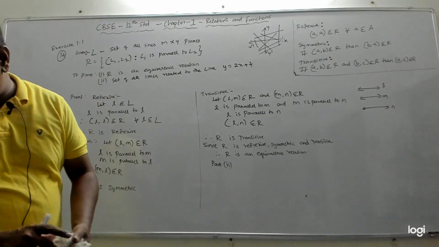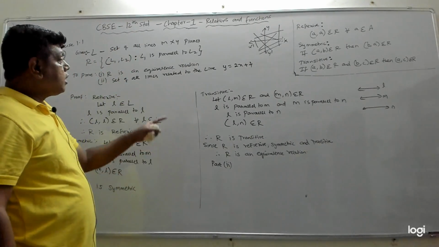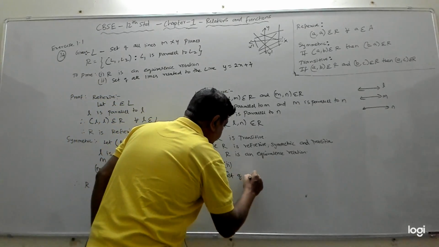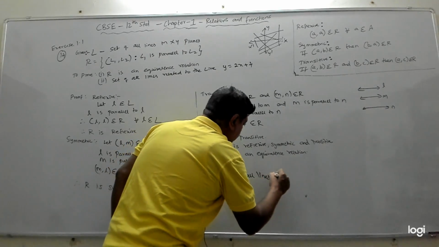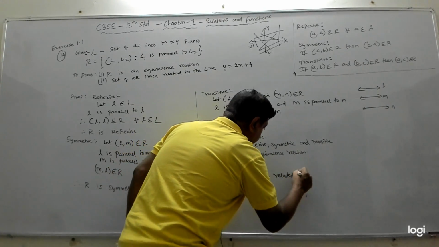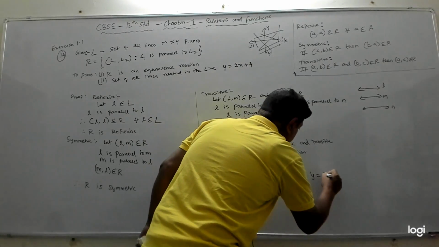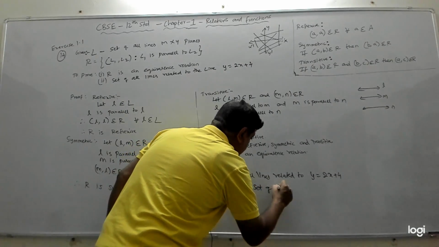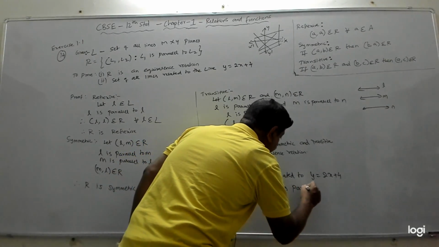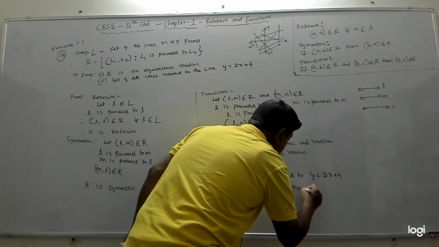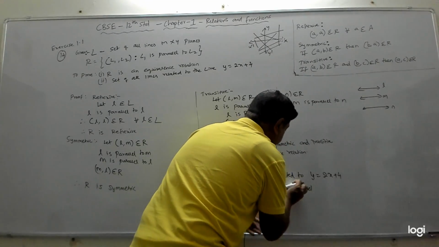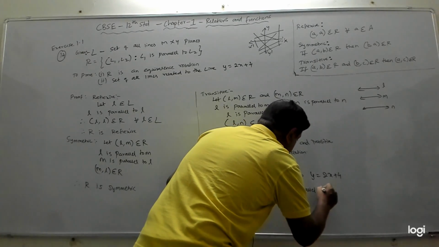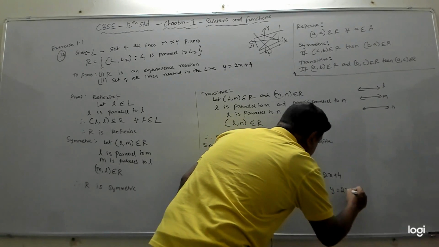And now the next point is we should find the set of all lines which are related to this line. So the set of all lines related to y is equal to 2x plus 4 is equal to the set of all lines parallel to y is equal to 2x plus 4.